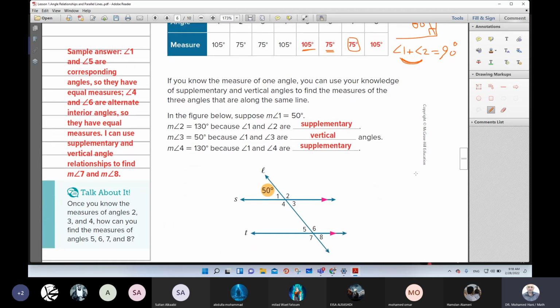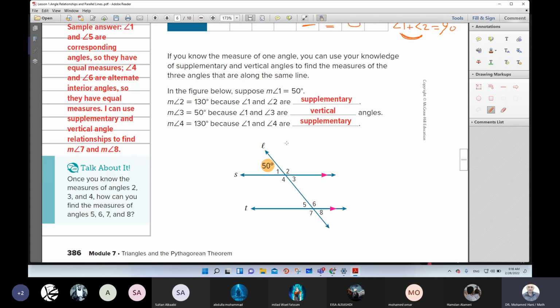So in the figure below, suppose the measure of angle 1 equals 50. We have here 50. Measure of angle 2 will be 180 minus 50. Who can tell me why the measure of angle 2 here will be 130?